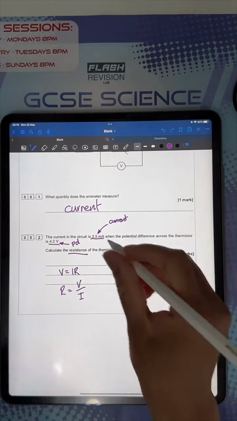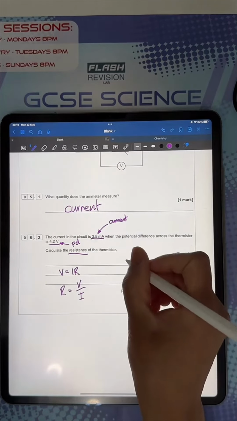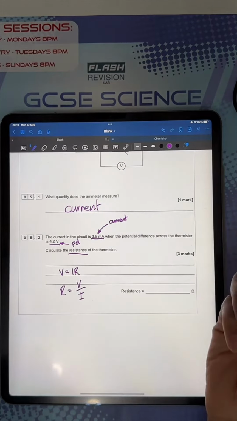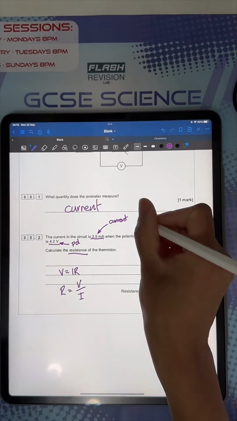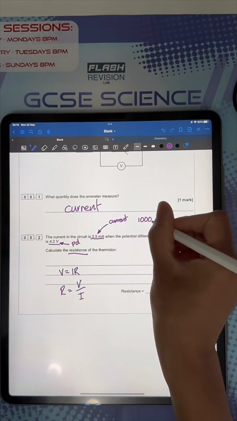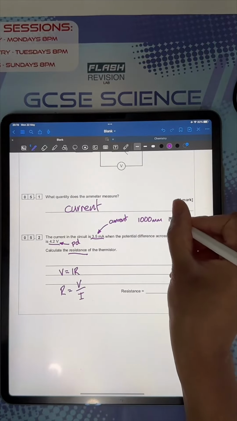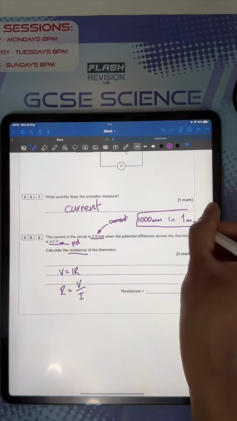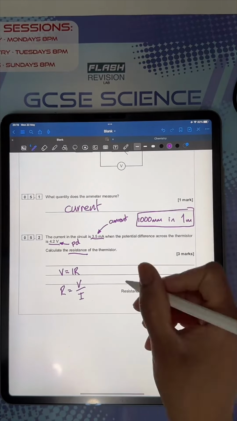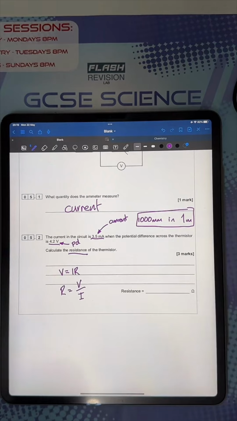So what I would do first is convert 3.5 milliamps into amps. Think of millimeters. How many millimeters are there in a meter? There are 1,000 millimeters in 1 meter, right? Same with amps. There's going to be 1,000 milliamps in 1 amp.